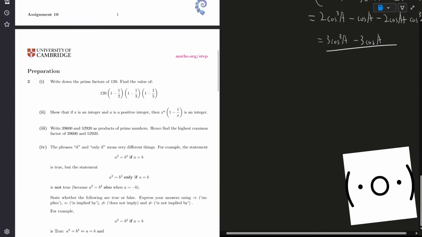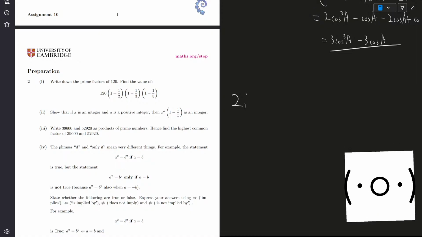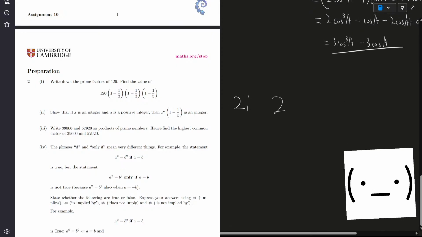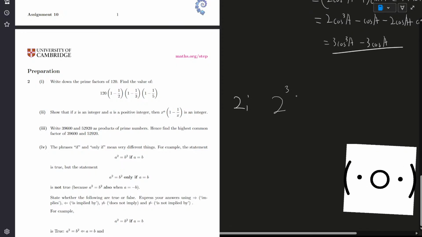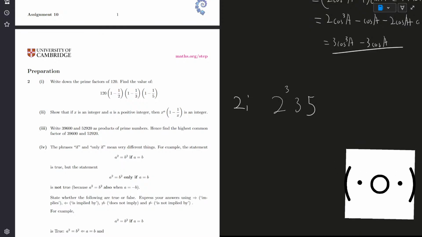Okay, so now let's go do 2 at break speed. Write down the prime factors of 120. So we know that it's 2, 3, yeah, 3, and then 5. Which, yeah, that sounds right.